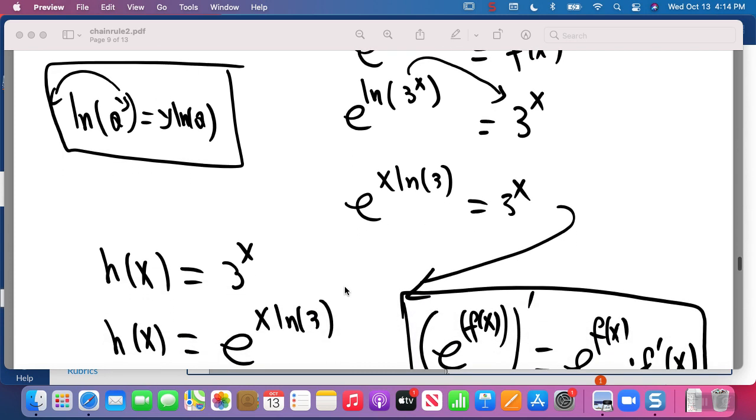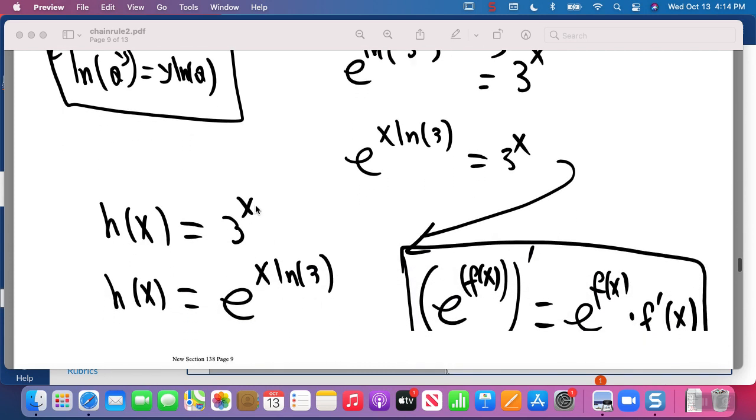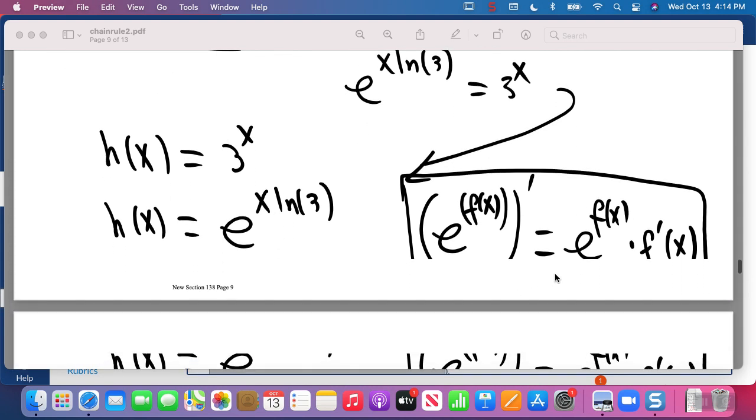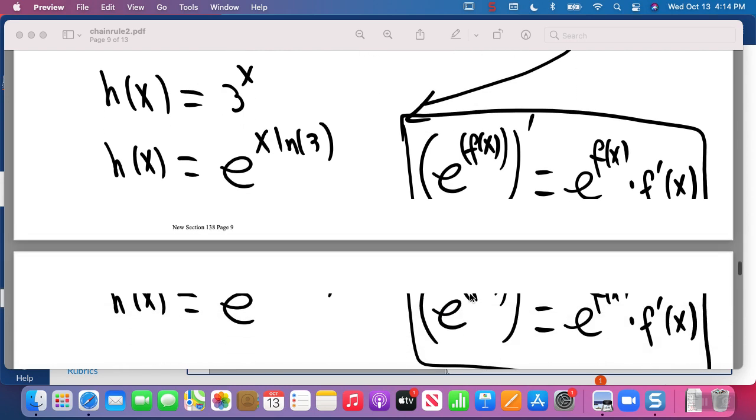Now we're going to take the derivative. So 3 to the x is e to the x times ln of 3. Its derivative basically is itself, e to the f of x, times f prime of x.